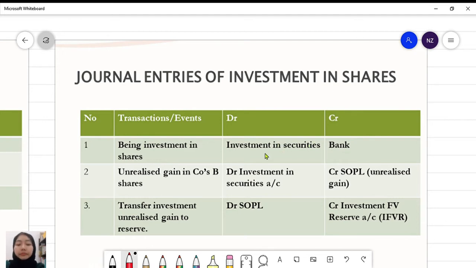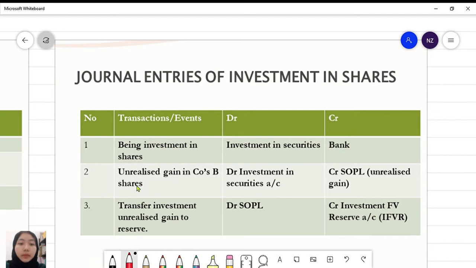The account is the same. And then as I said, we will get a gain or profit, but it is not called profit, it's called an unrealized gain.